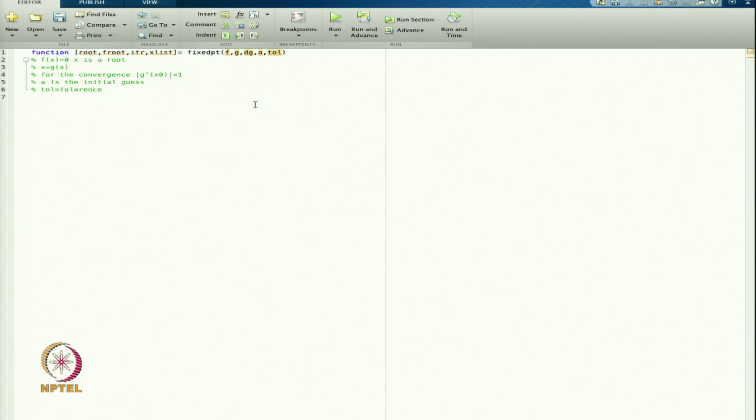Now I define a maximum ITR, so that my function is not iterated more than 100 times.